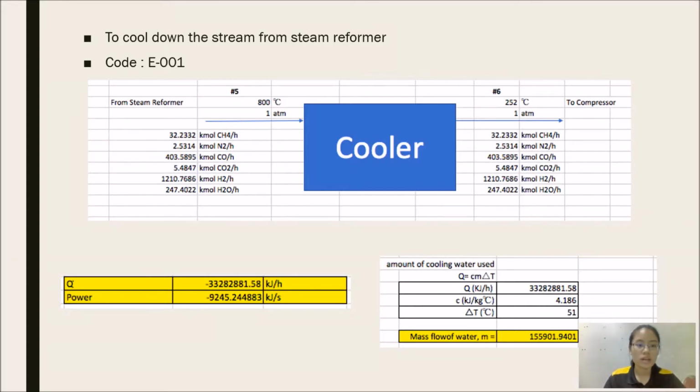The power released from this cooler is 9,200 kilowatt, and the amount of cooling water that we use is 15,000 kilograms per hour, and this is the equation that we use to calculate it.